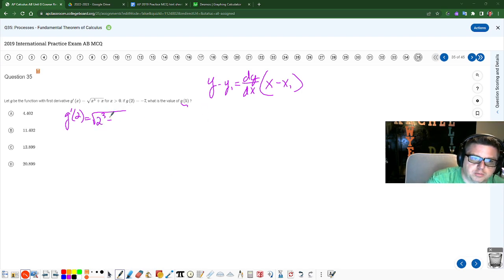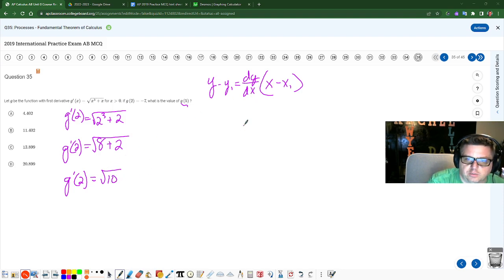So we have 2 cubed plus 2, and that's 8 plus 2, which is square root of 10. So this dy dx becomes the square root of 10. And then we have x minus x1, which is 2, and y1, which is negative 7.